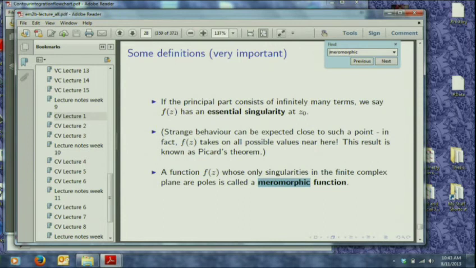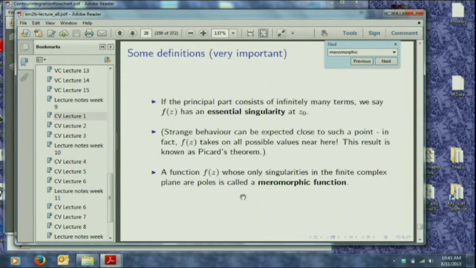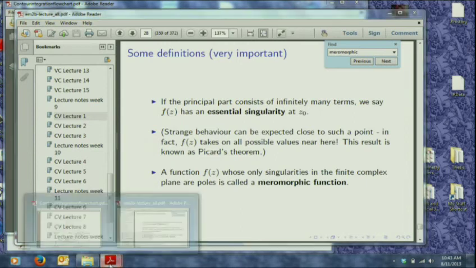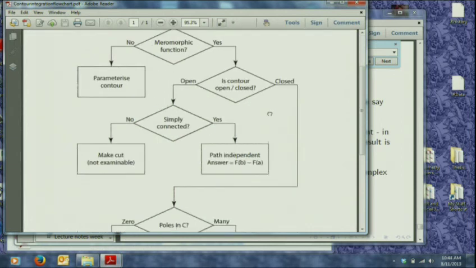But I don't think you do non-meromorphic functions in Engmaths 2B, because it did say on the interesting.